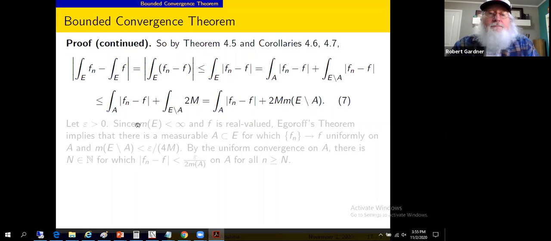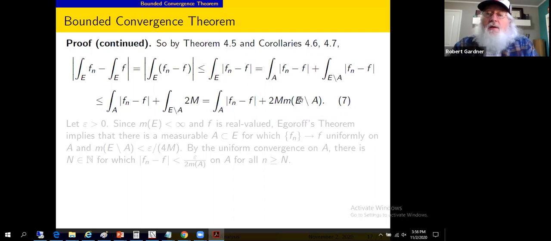Okay. We know f sub n and f itself are each bounded by that constant M, so their difference is bounded by twice that constant M. So we're going to look at that as a bound on E minus A. No constraints on set A just yet. No Egorov's theorem yet either.